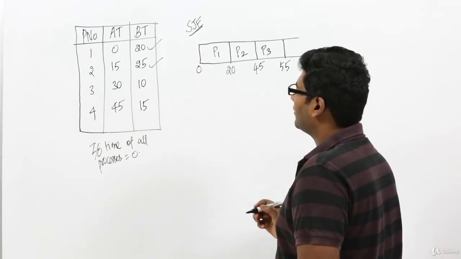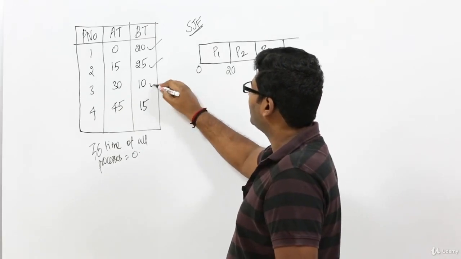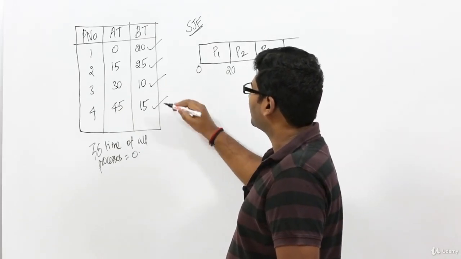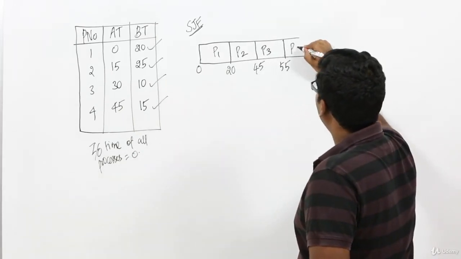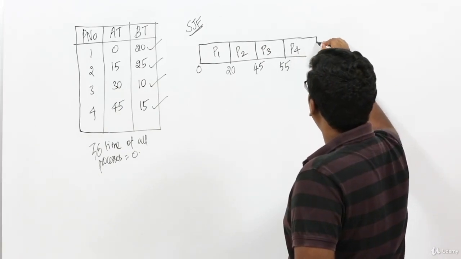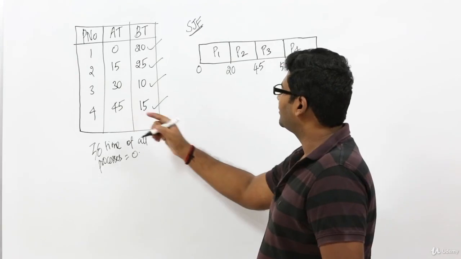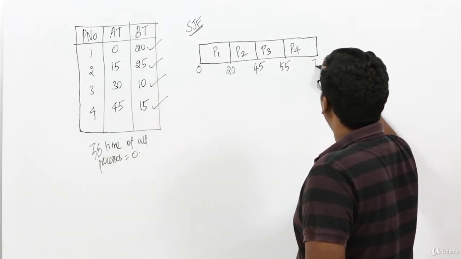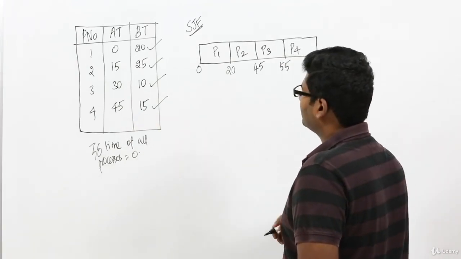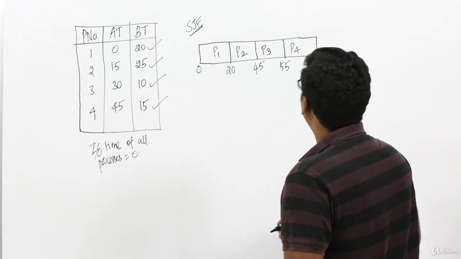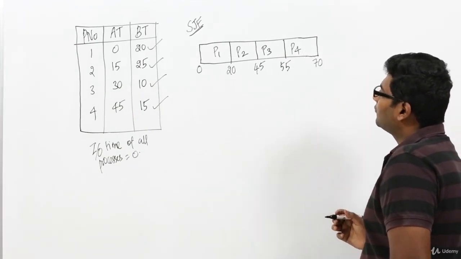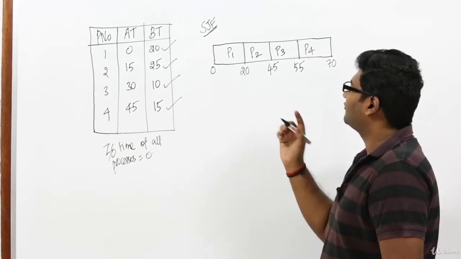Then we have only P4, so we schedule it, and P4's execution time is 15 time units, so it will go on till 70. So this is the Gantt chart we get through the SJF scheduling algorithm.